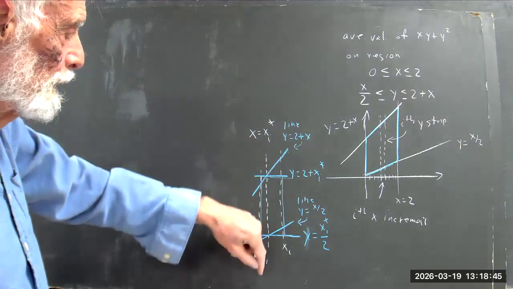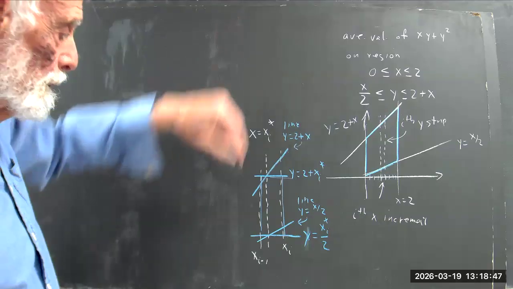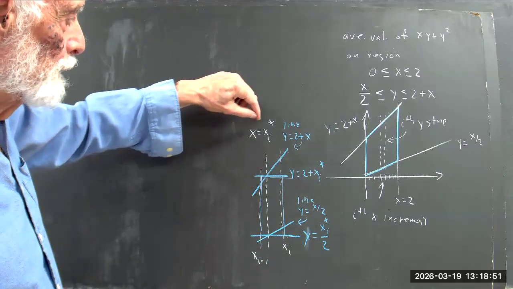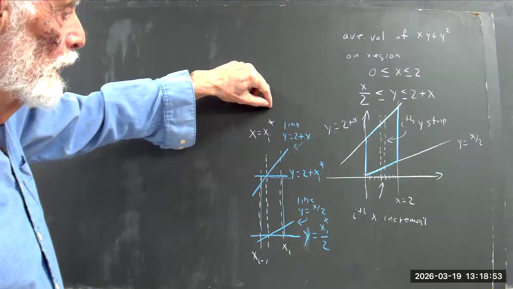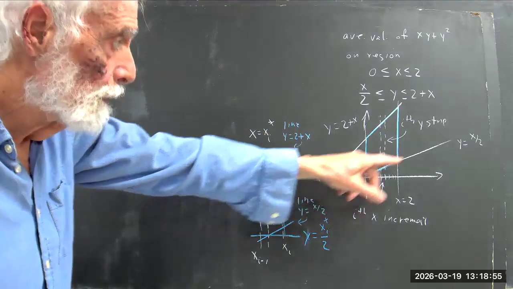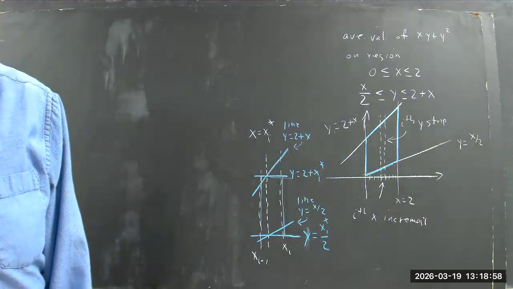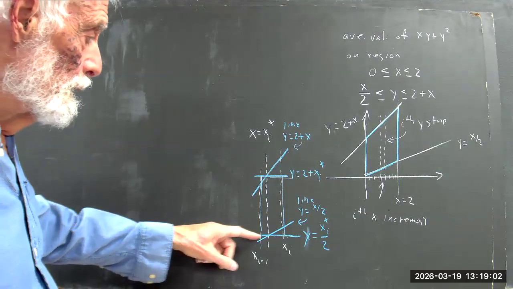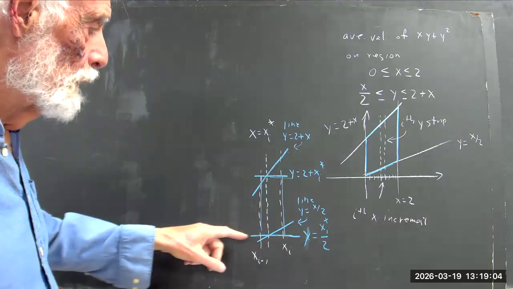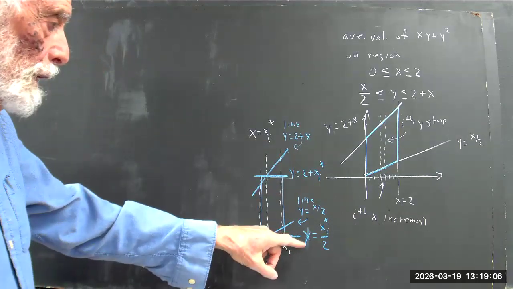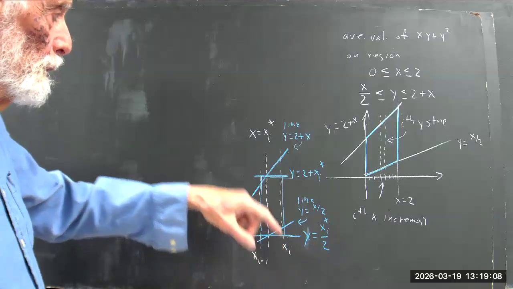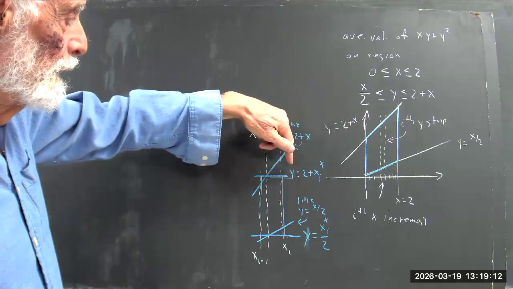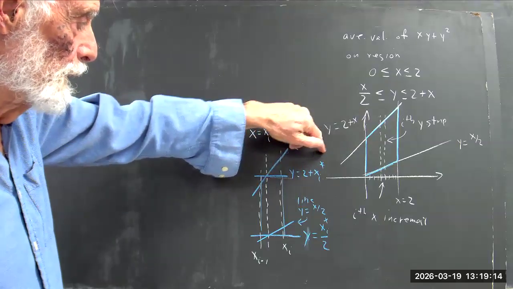We randomly picked a sample point. We see where the sample point x equals x sub i star crosses the lower boundary, y equals x over 2. And we draw a horizontal line there, or imaginary line, y equals x sub i star over 2. And then similarly, with the y equals 2 plus x line, you get y equals 2 plus x sub i star.